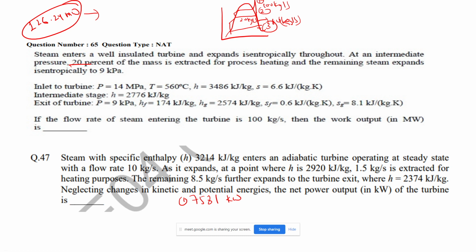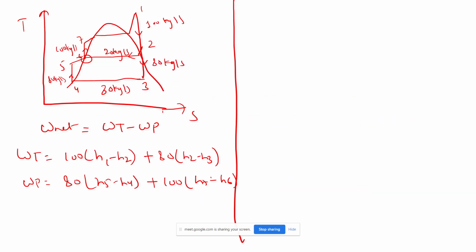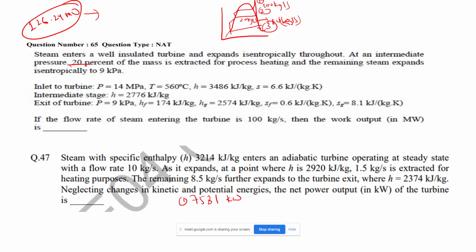They haven't given the intermediate condition. They have only given the boiler pressure and the condenser pressure.